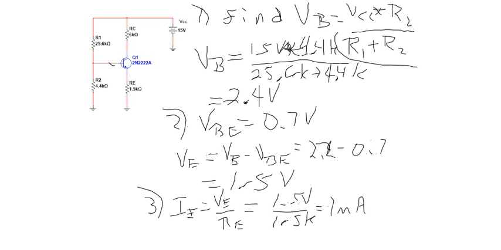So IE equals IC plus IB. However, since IC is at least 100 times bigger, if we're talking beta equal 100 anyway, that's approximately equal to the collector current.